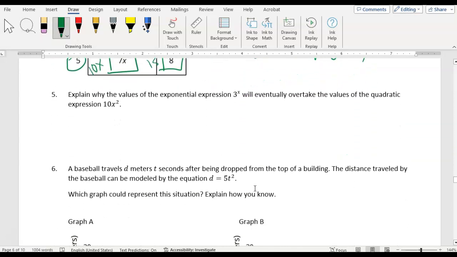All right, number 5. Explain why the values of the exponential expression 3 to the power of x will eventually overtake the values of the quadratic expression 10 times x squared.